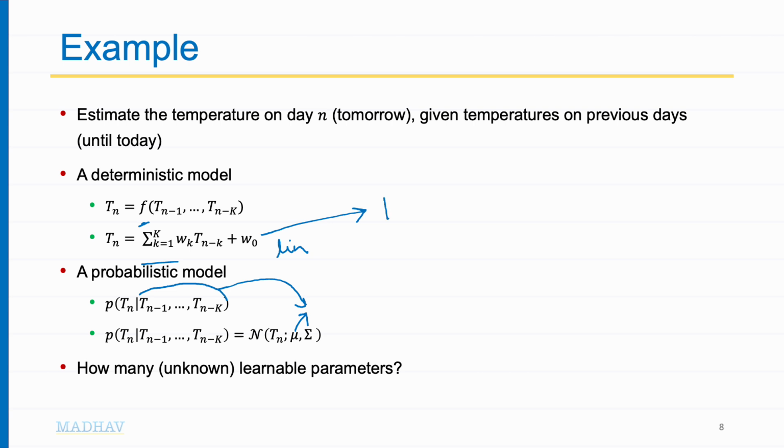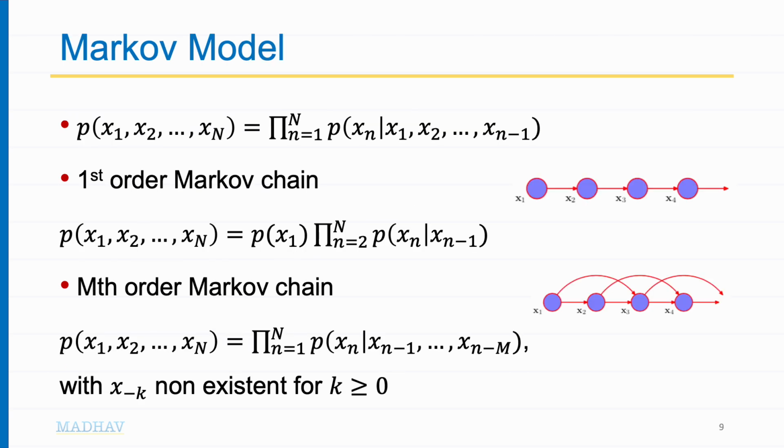K plus 1, yes. And when you use a neural network, let's say mu is modeled with a neural network with n parameters and sigma is modeled with a neural network with n dash parameters. So n plus n dash is the total number of parameters. That's easy.